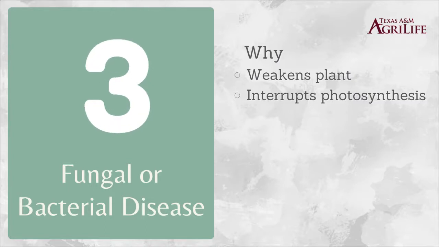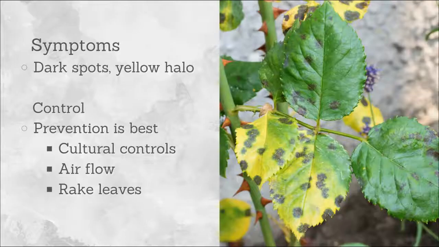This is a broad topic also, fungal or bacterial disease. Some diseases will kill the plant, and some really don't cause that much harm. They probably just drive us crazy a little bit because we don't want to look at them. But essentially, they'll weaken the plants, and they can interrupt photosynthesis.